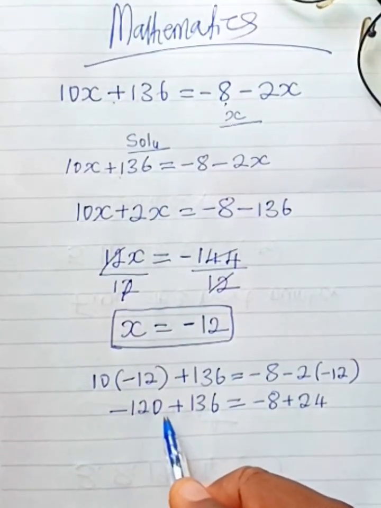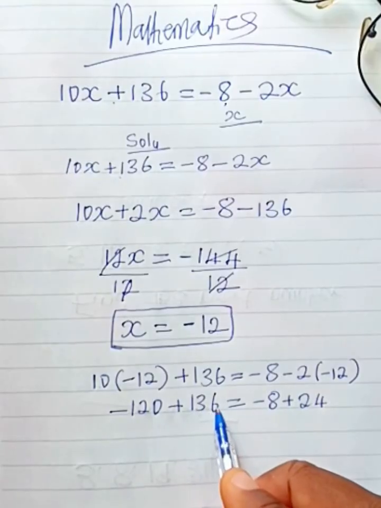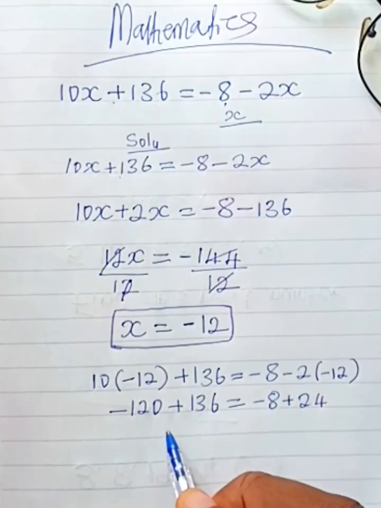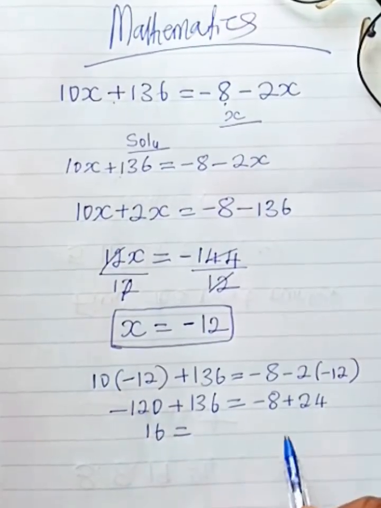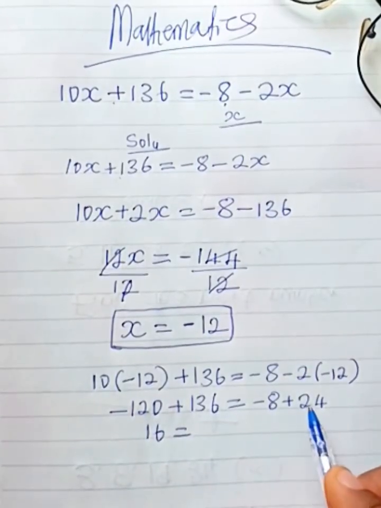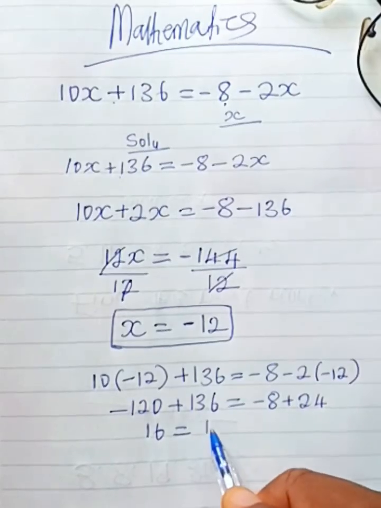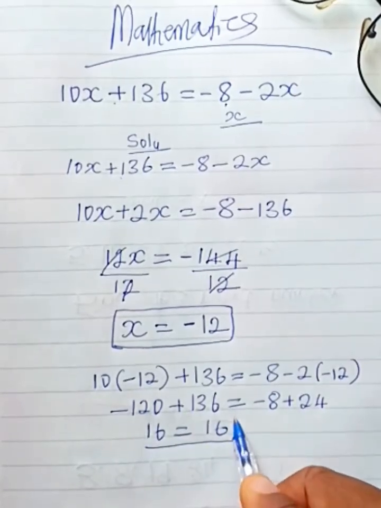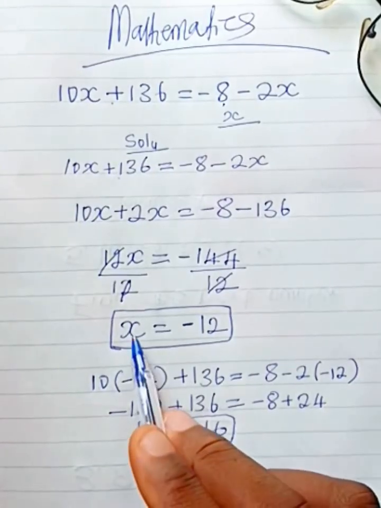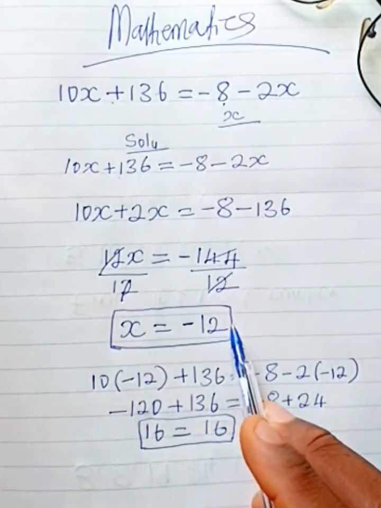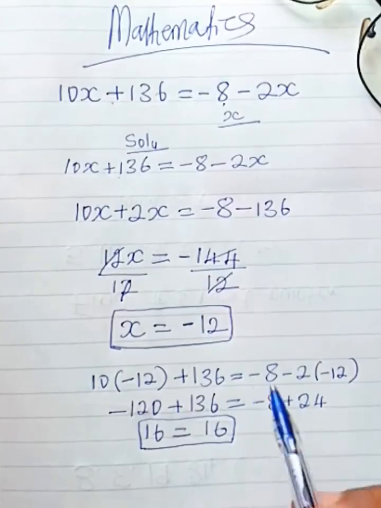Minus 120 plus 136 will give you 16, equals minus 8 plus 24 will give you 16. So the equation is balanced. What it simply means is that the value of x as minus 12 is 100% correct.